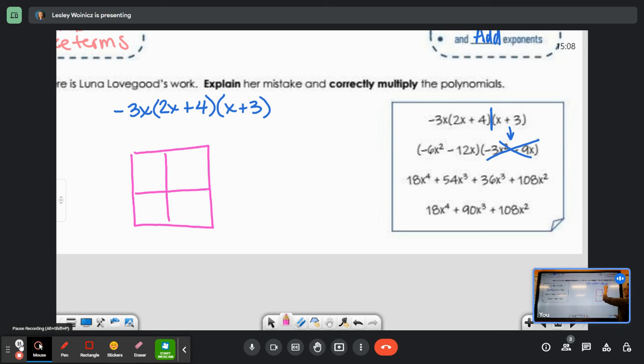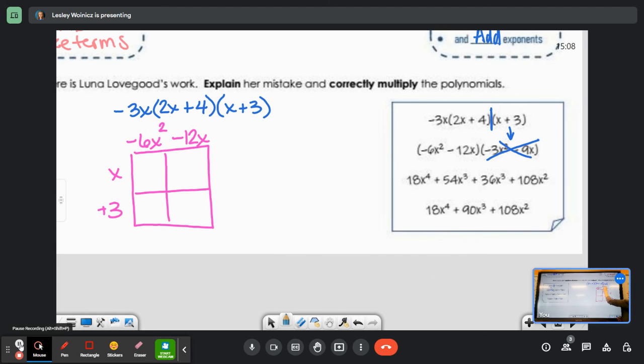So negative 3x times 2x gives us negative 6x squared. You see how cool this is? Negative 3x times 4 is negative 12x. And then you just bring over the x plus 3. Then you don't have to write them a bunch of times. Just saying.